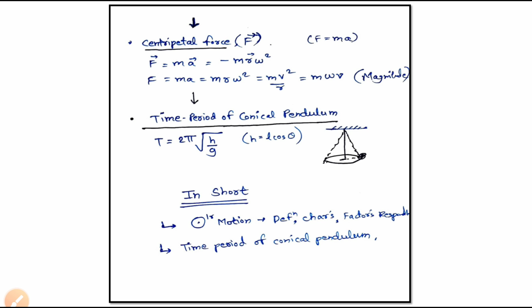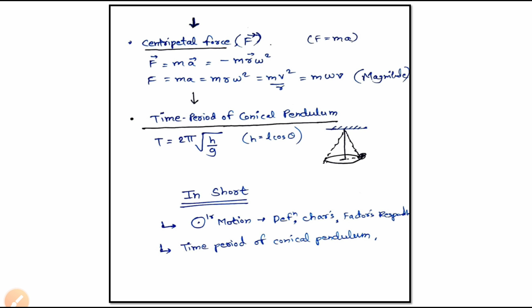The last article we studied in the topic motion in a plane was the time period of a conical pendulum. We got the equation T is equal to 2 pi under root of h by g. It is also performing circular motion, that is horizontal circular motion. You should remember that for every circular motion certain forces were acting and balancing each other.